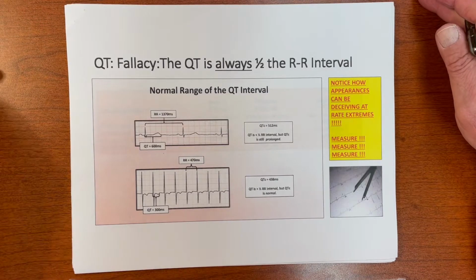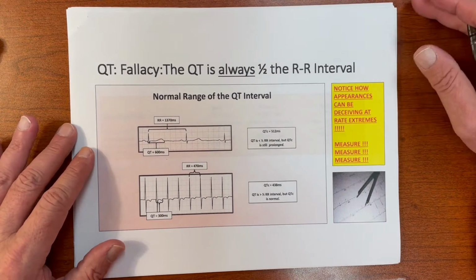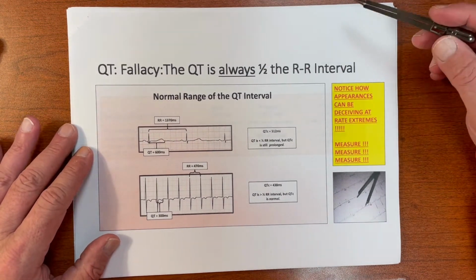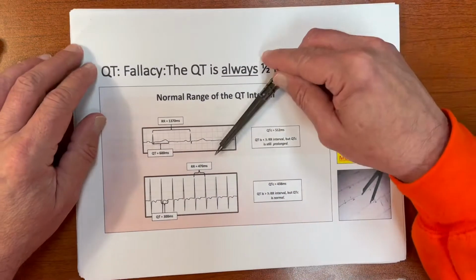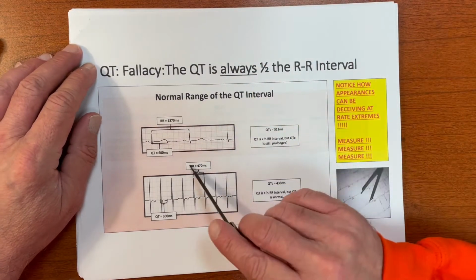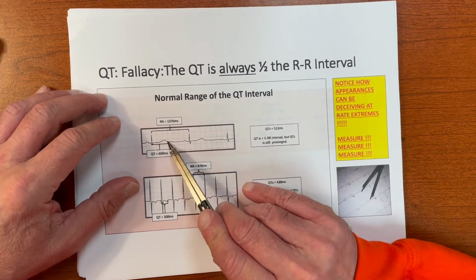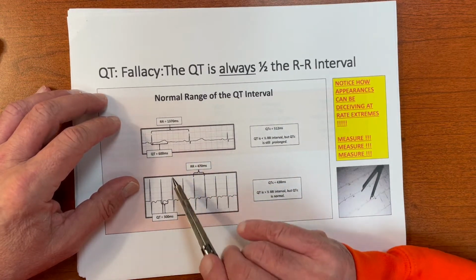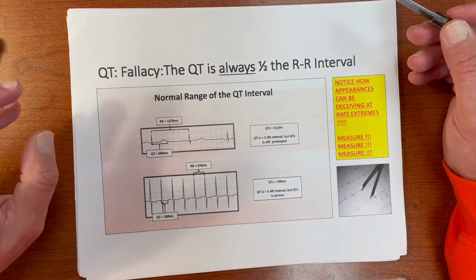All right, so here you go. I wanted to get down to the tabloid side of medicine. You're going to have people tell you that you can eyeball a QT without using calipers, without measuring anything. You can eyeball it by just looking at the QT interval as compared to the RR. If that is less than half of that distance, it would be, quote, normal.